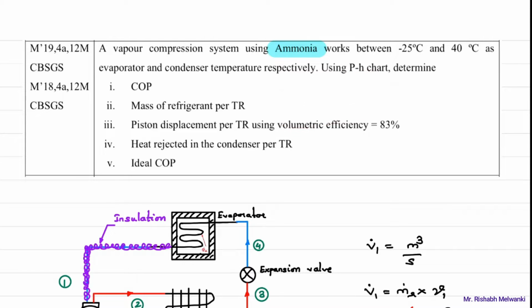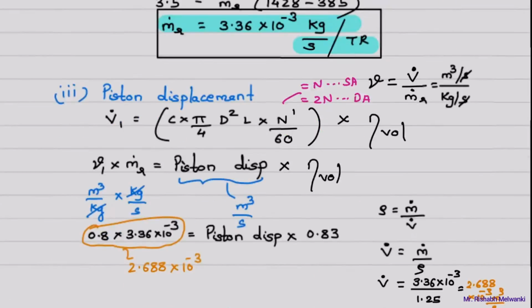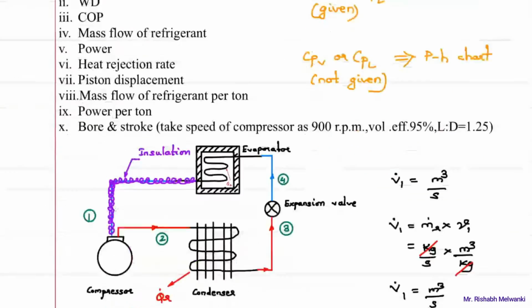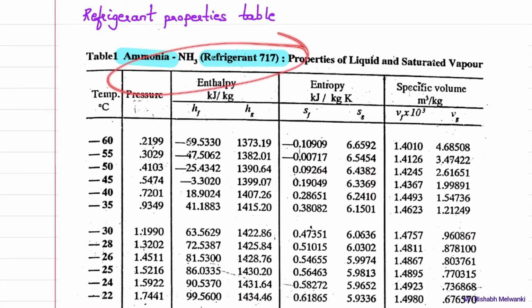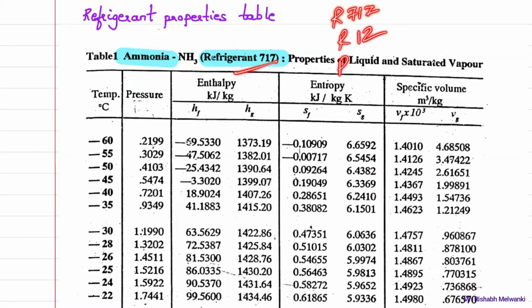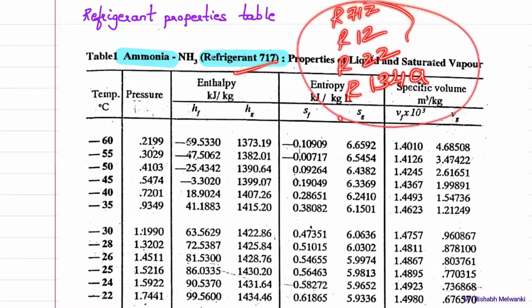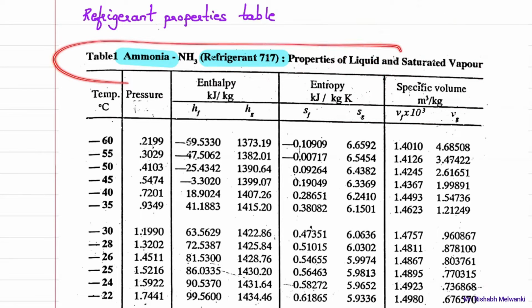Now observe the tables which are available. If you open Mathur and Mehta refrigerant and psychrometric properties, you will find tables like this. In the index you will find different refrigerants, like R717 ammonia, then R12, R22, R134A. For these and some other refrigerants, you will find tables like this.